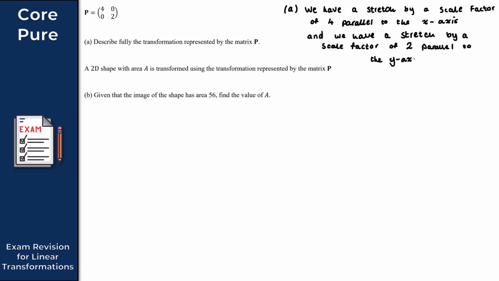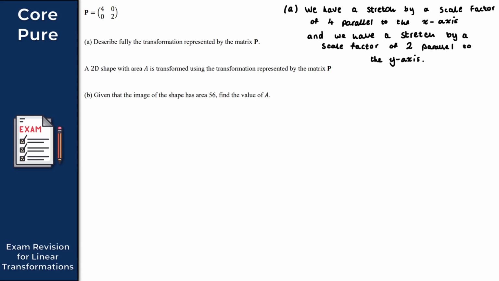Okay, and there we go then. So hopefully nice and straightforward, right? Just the 2 points here, and that we have a stretch by a scale factor of 4 parallel to the x-axis. And then we also have a stretch by a scale factor of 2 parallel to the y-axis. There we go then. Good stuff. That is the solution to part A.